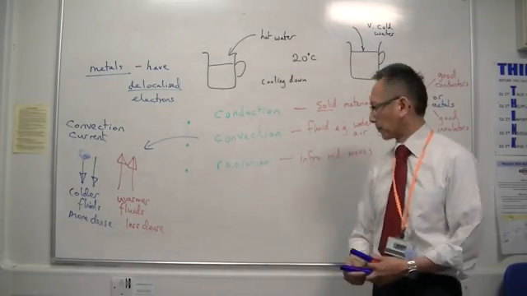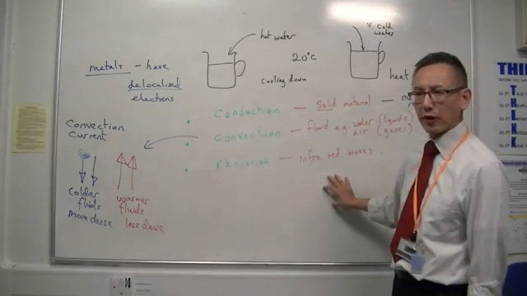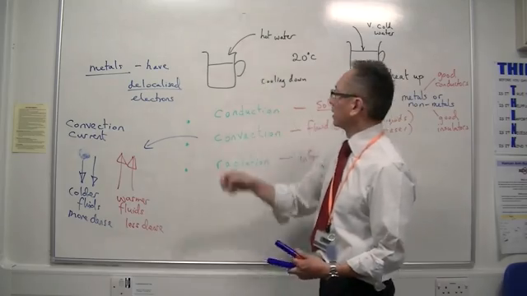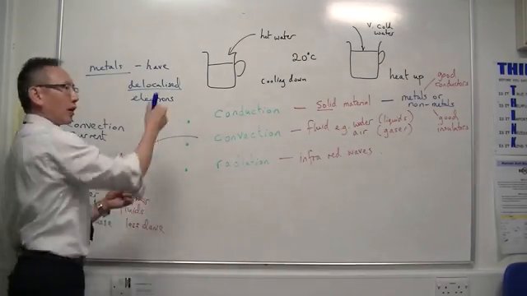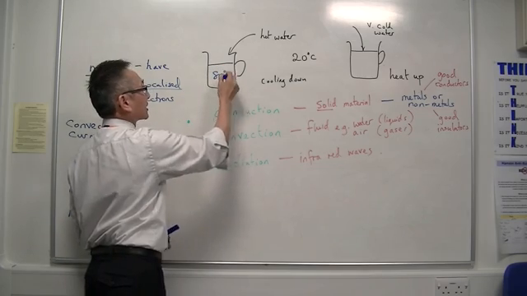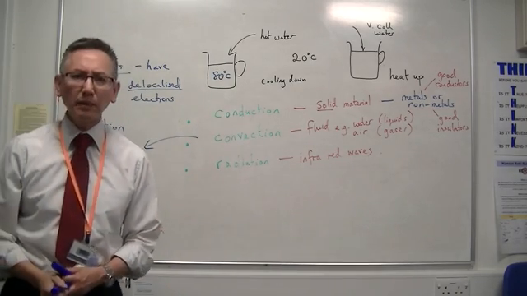Okay? So, what do you need to know about this? Well, you need to know that, first of all, in this case, let's assume we've got the hot water. Let's assume that this water is at 80 degrees Celsius. Ooh, that's warm. Okay? Right?